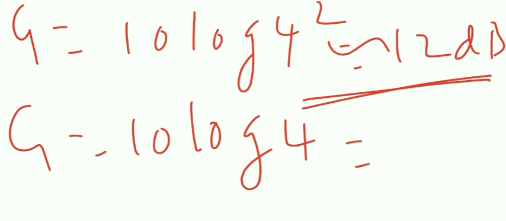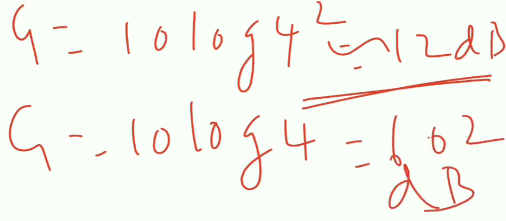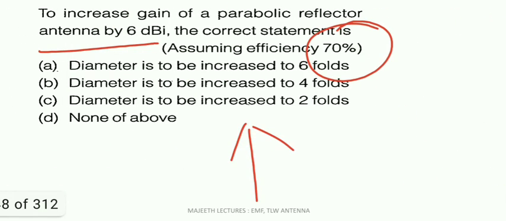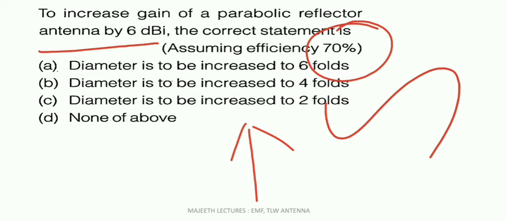So that is giving 6.02 dB. So if we increase the diameter by 2 times, gain will be increased by 6 dB. Right? So the answer: diameter to be increased by 2-fold. Option C is the right answer.